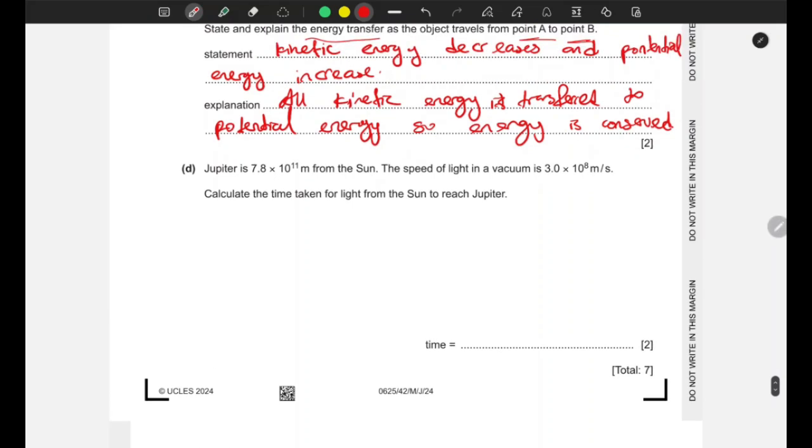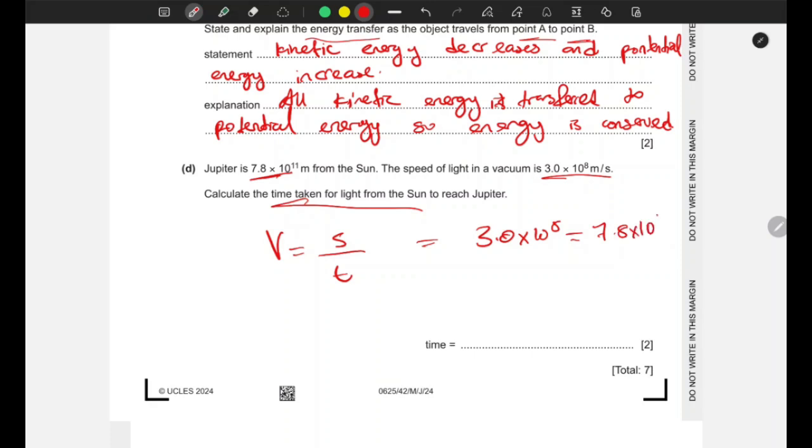Part D. Jupiter is 7.8 times 10 to the power of 11 meters from the sun. Speed of light in a vacuum is 3 times 10 to the power of 8. Calculate the time taken for light to reach Jupiter from the sun. Okay, so we know speed is distance over time. Speed is 3 times 10 to the power of 8, and distance is 7.8 times 10 to the power of 11, and we don't know the time.